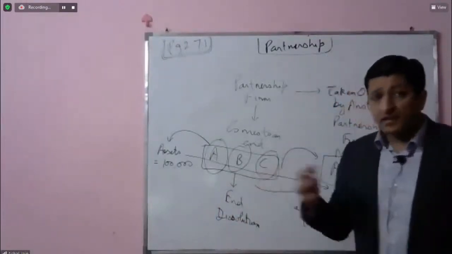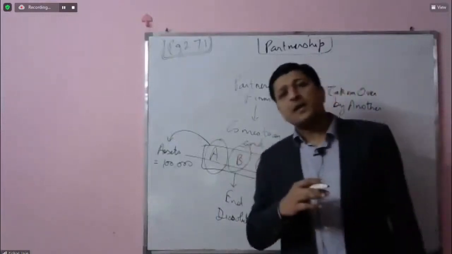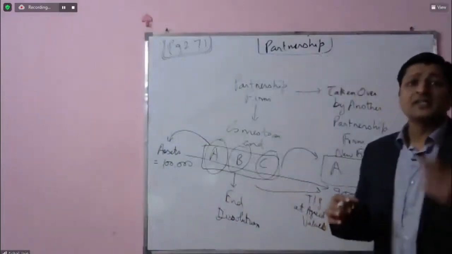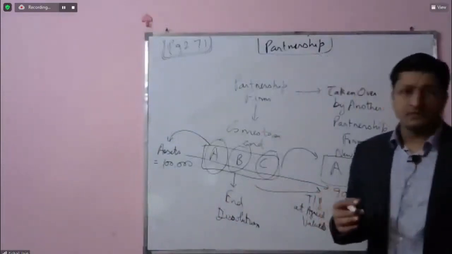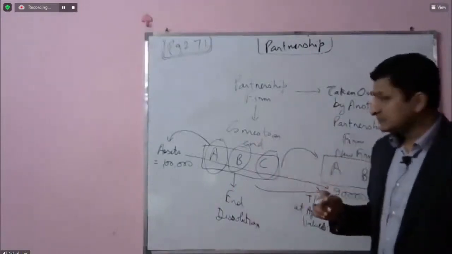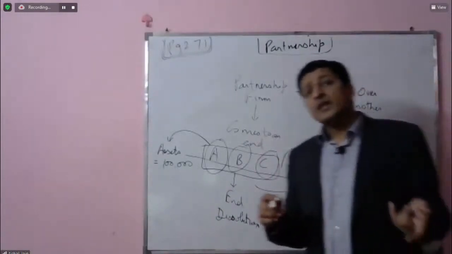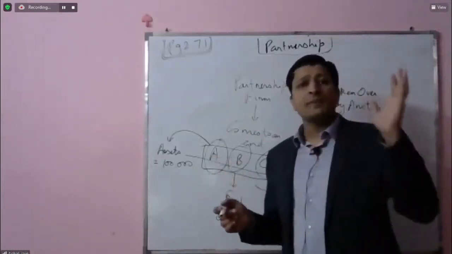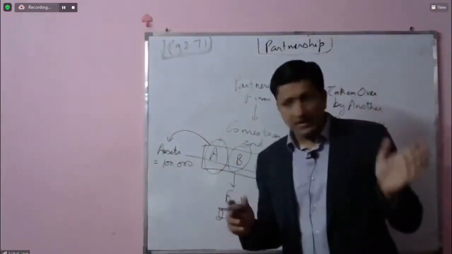But C is the retiring partner, the partner who is outgoing. So C would want money if some balance is due to him. Or if some balance is due from him, then A and B would want him to pay and go. Clear?